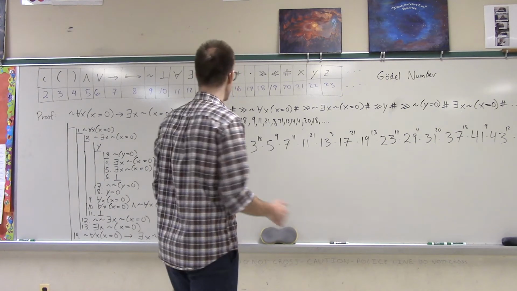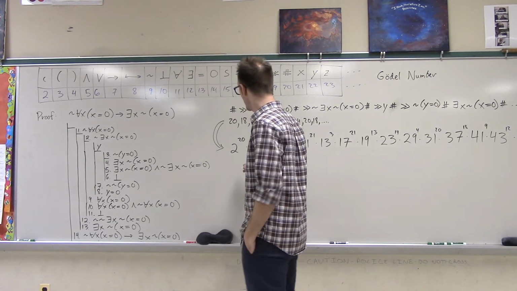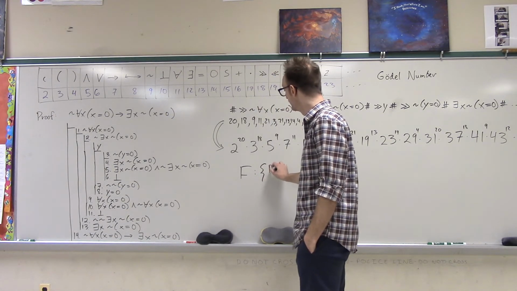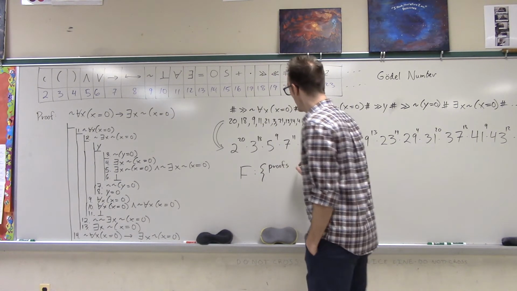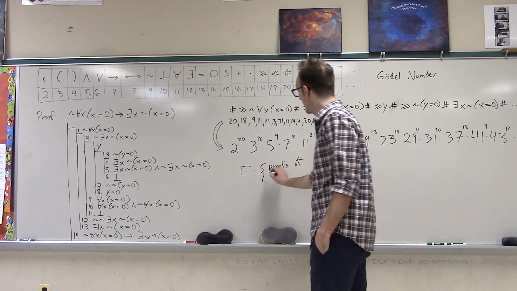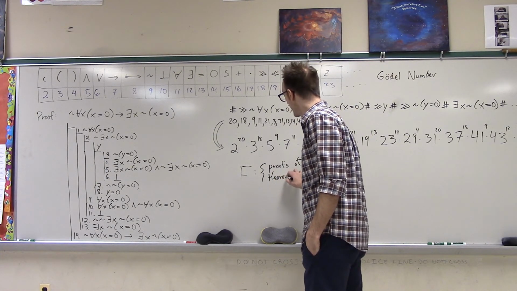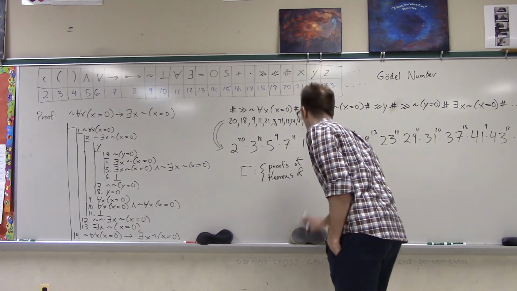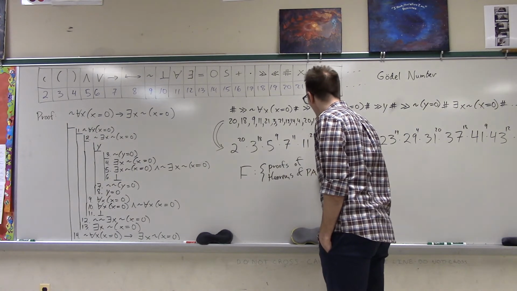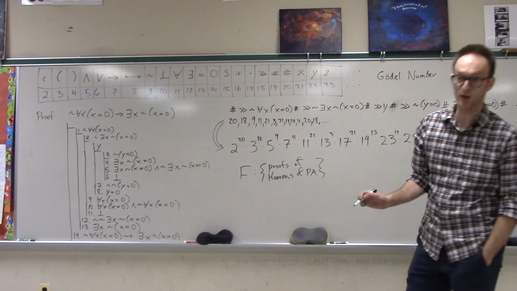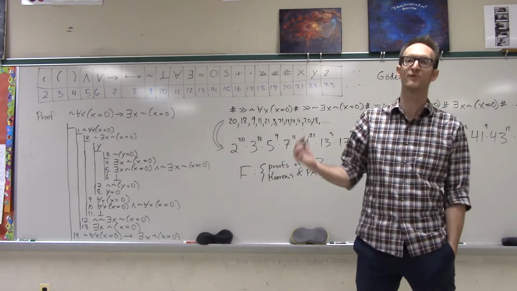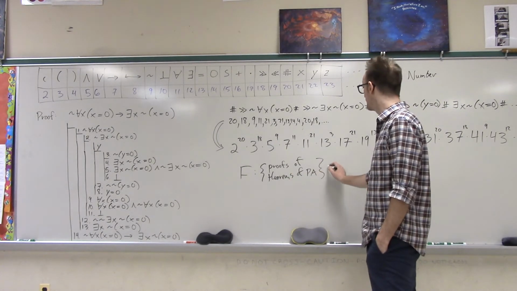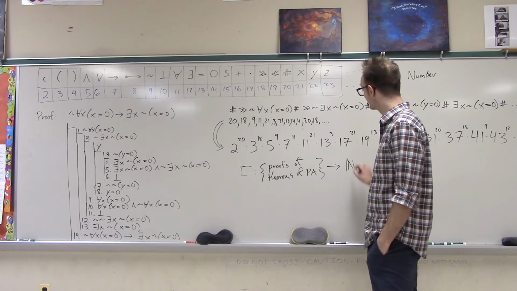What this means is that this entire process describes a sort of function. And what this function does is it takes proofs of theorems of Peano arithmetic. It's actually a little bit redundant, because we define a theorem of Peano arithmetic to be anything which is provable from the axioms of Peano arithmetic. This function maps the proofs to the natural numbers.